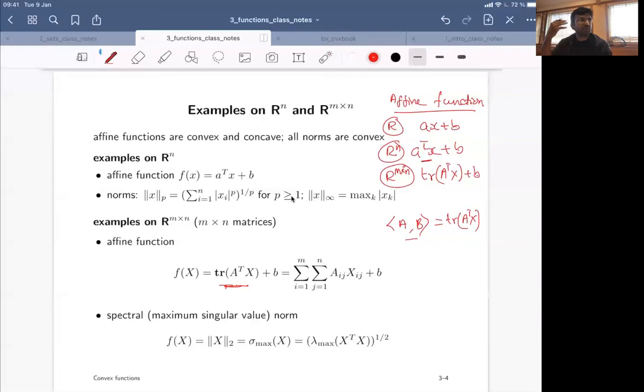But how do you write an inner product between two matrices A and X? You cannot write A transpose X, right? This works only for vectors. So for matrices, you have to come up with a new tool which is called trace. You can write this later. You pick two matrices, A equal to A11 and X equal to X11, maybe a 3 × 3 matrix, and see what the trace is doing there.